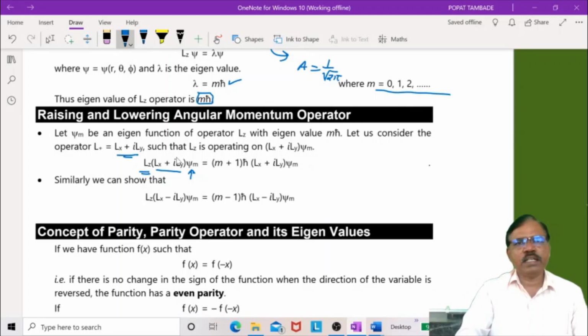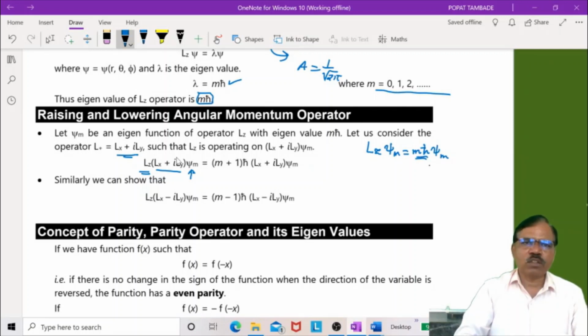So Lz in bracket Lx plus i Ly operating on psi m, we get m plus 1 h bar Lx plus i Ly psi m. Means here Lz operating on psi m gives m h bar psi m. So m h bar is the eigenvalue.